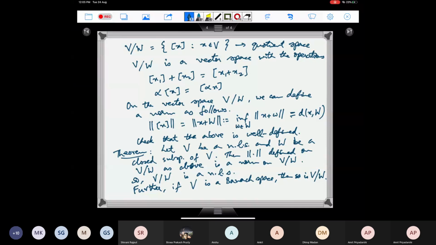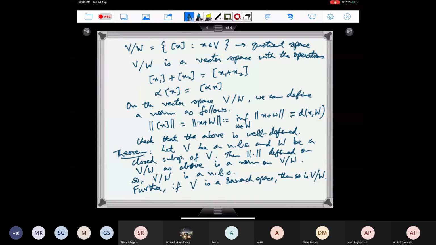I'll discuss that for any metric space, what is known as the completion, and also on that, and after that, more on the dual of a space.